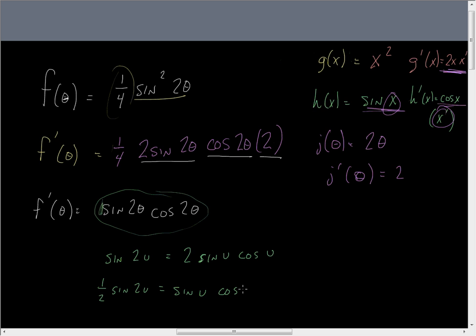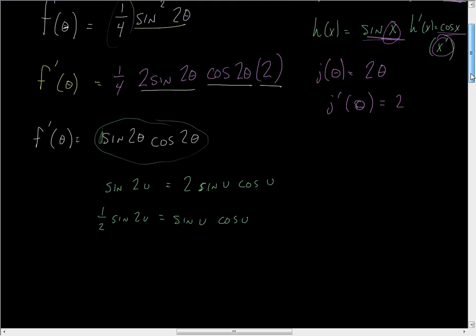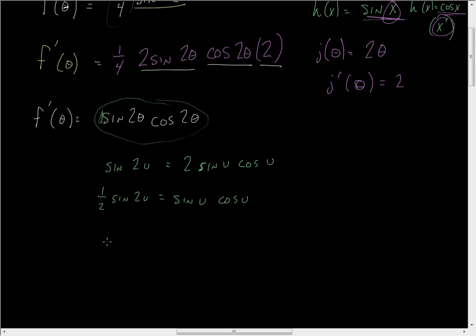Now if we just let u equal 2 theta, that gives us 1/2 sine of 2 times 2 theta, which is 4 theta.